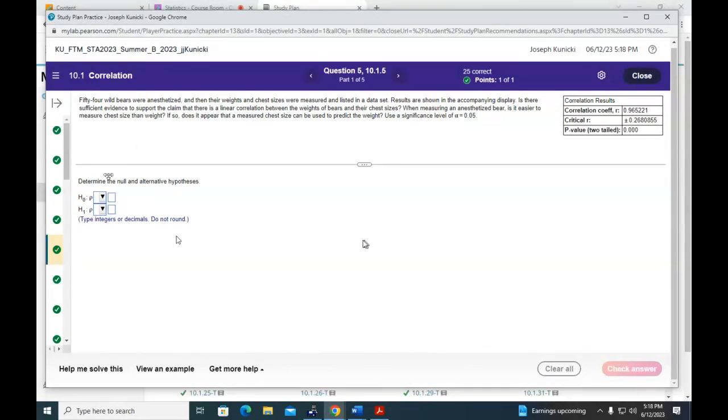So 54 wild bears were anesthetized, and their weights and chest sizes were measured. Boy, it must have taken them weeks to do that. So there's the results. They got a really high correlation coefficient. It's positive. That means there's a positive correlation between the weights and the chest sizes.